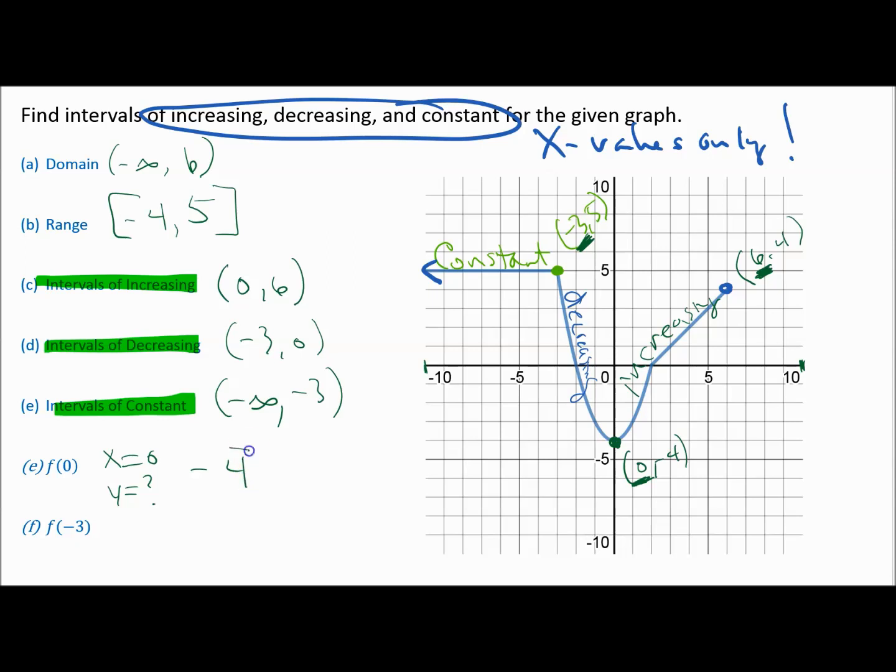So f of 0 is equal to -4. I want to do the same thing for -3. So first of all, I go to my graph and I find x is -3. 1, 2, 3. That's right here. Now I don't stay there. I go meet my graph. So that takes me to this point that I'm filling in dark green, and the y value right there is 5. We actually already had that one labeled.